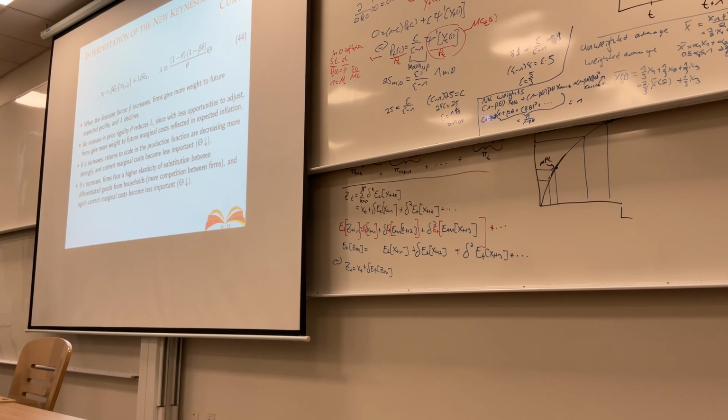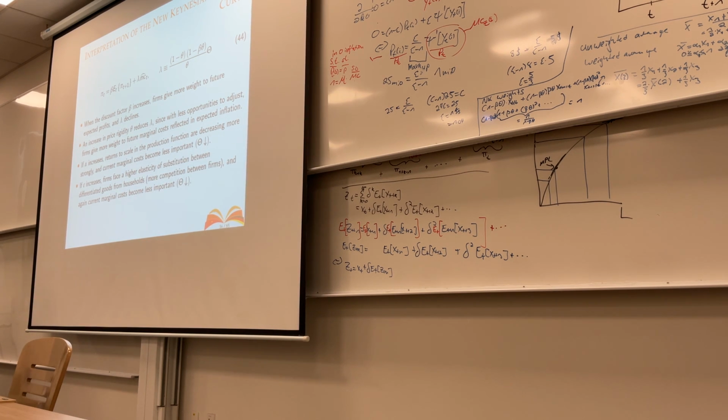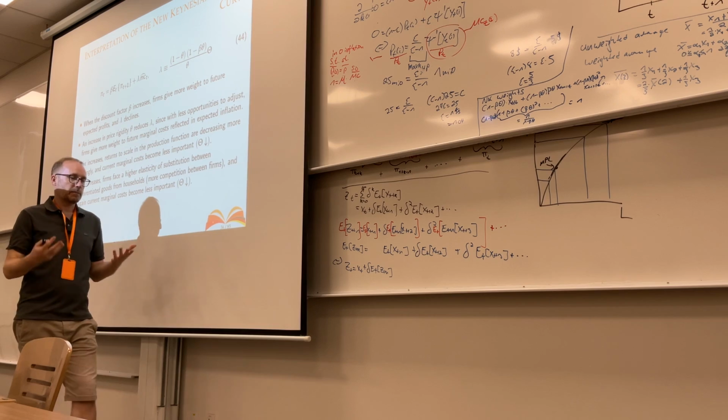And we see that indeed here: when theta goes up, this goes up, minus sign in front of it, this goes up, minus sign in front of it. Here it's in the denominator, so it affects lambda negatively. So all three thetas here move lambda down. Firms put less emphasis on marginal cost. So relative to before, they're going to place more emphasis on this future term, this expected inflation term.